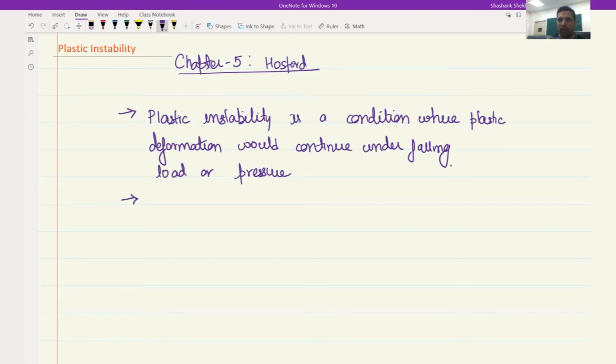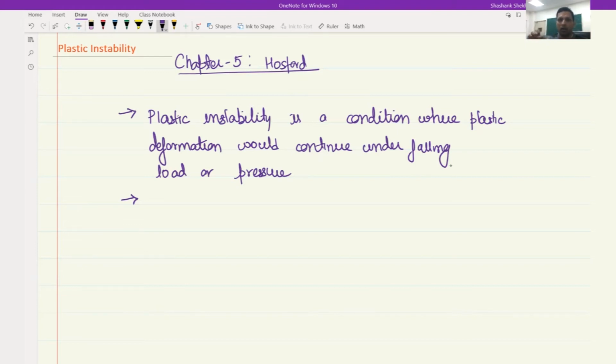During the uniaxial tensile test, the uniform elongation ceases. And why does that happen? Because the instability occurs at some regions which are weak or where there are some variabilities, and therefore the stress gets localized in that region. But overall, if you look at the body, the load is falling and the deformation keeps on happening. What is happening is that the elongation is not uniform. It's not happening throughout the gauge length.